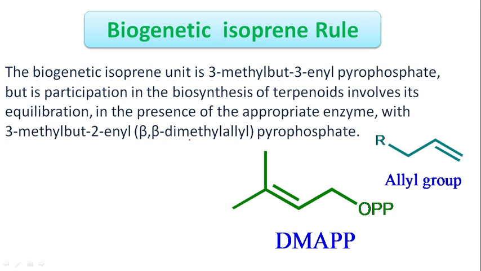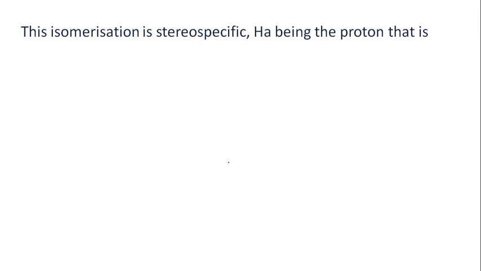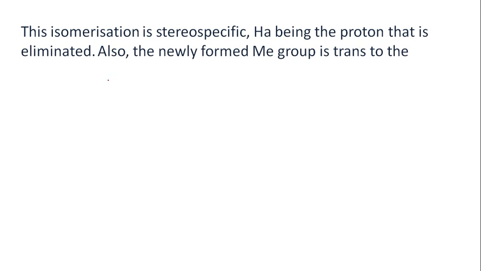Here beta-beta dimethylallyl pyrophosphate is written. The allyl group means this segment: CH2, CH double bond, CH2. It is called the allyl group. This isomerization is stereospecific, meaning IPP can go into DMAPP and DMAPP can go into IPP, HA being the proton that is eliminated.